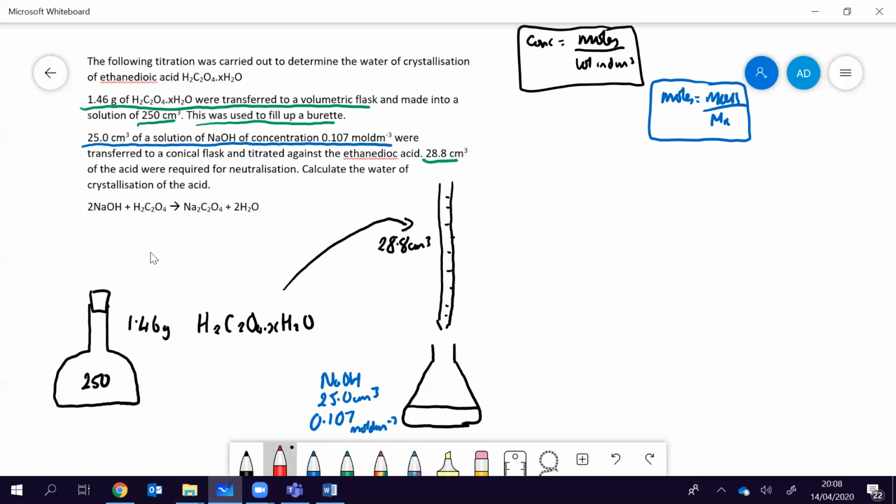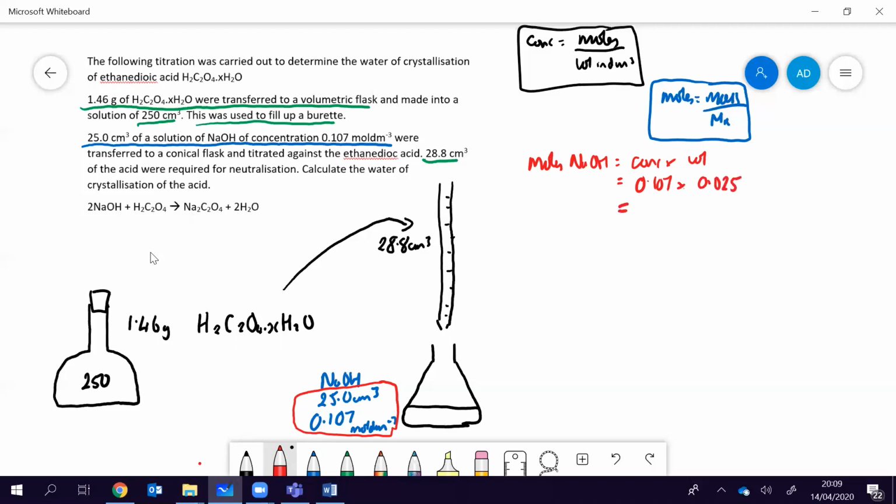Can we work out the moles of sodium hydroxide? Well, we can, because look, we have got a volume and a concentration. So let's do that. Moles of NaOH is conc times volume. The concentration is 0.107 and the volume is exactly 25 centimeters cubed, which is 0.025 dm cubed.